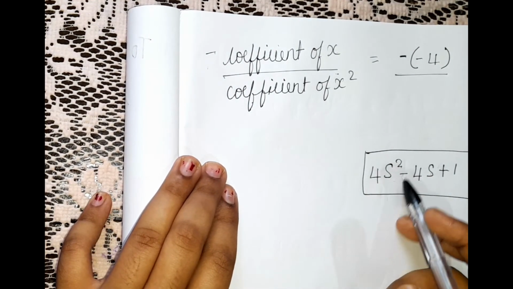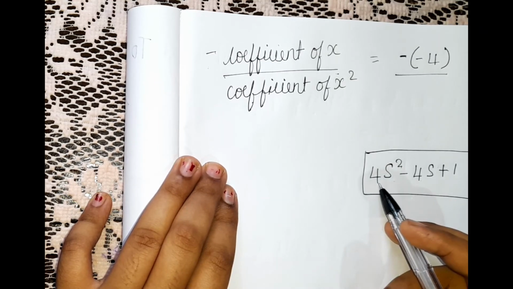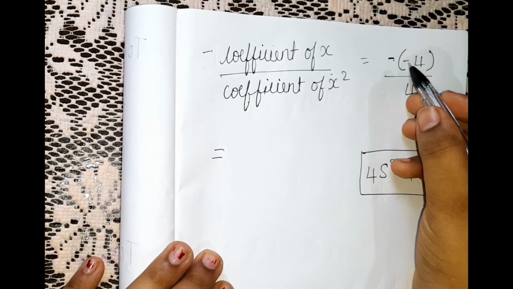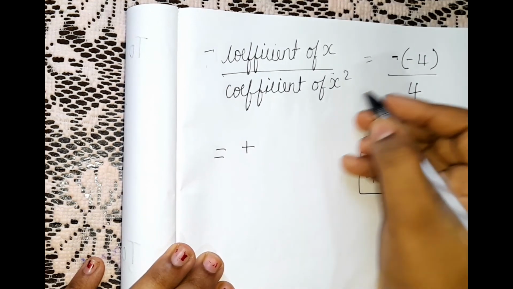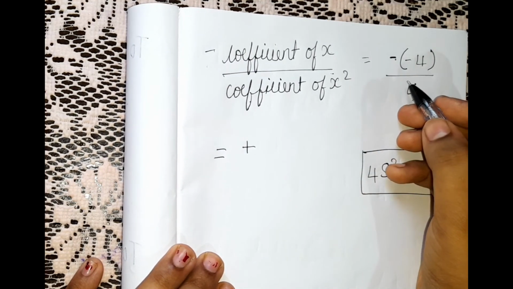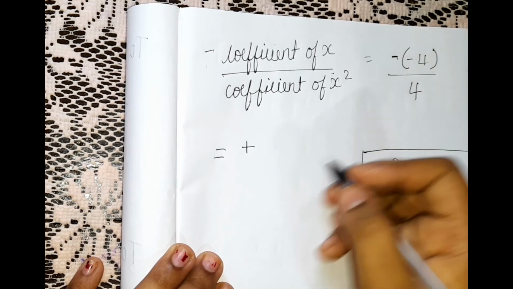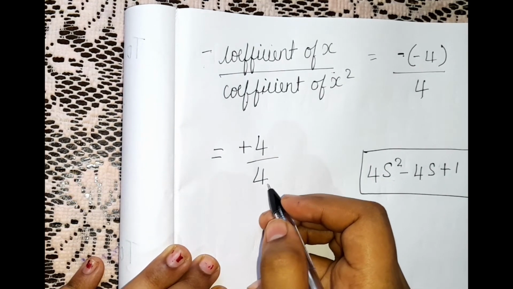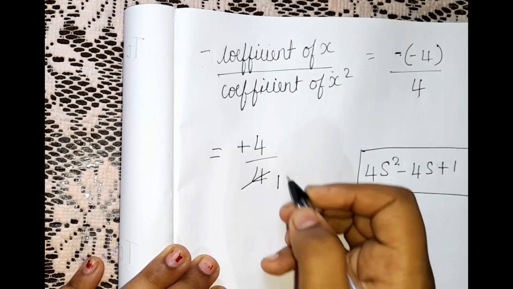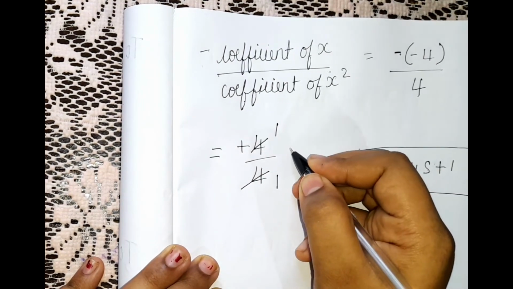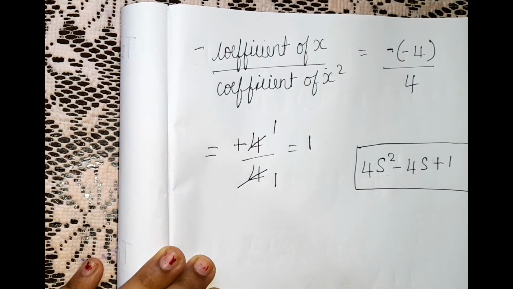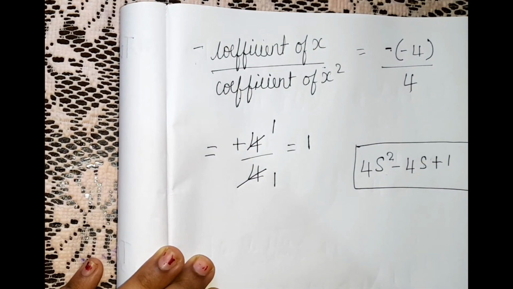As you guys know, here we have s square. So what is the coefficient of s square? The coefficient of s square is 4, okay. Let me just write it here, okay. So minus into minus is plus. Here bracket means multiplication, remember that. So minus into minus is plus, and then 4 we shall write it as it is. Okay, now what we are going to do is we are going to be cancelling it. So 1 4s are 4 and here also 1 4s are 4. So 1 divided by 1 means 1, okay. So we got this.